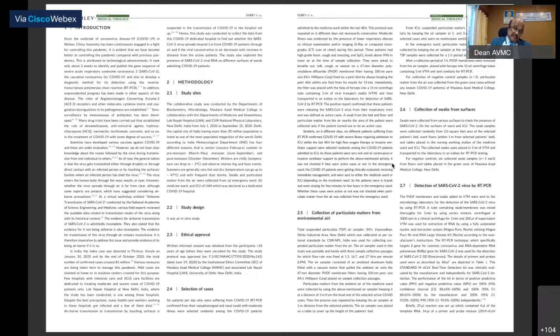So can I add to Dr. Rakesh? Yeah, please, Arun. Actually, this is not the right word to use because they are not using humans. The 6 patients are used to collect the environmental sample.